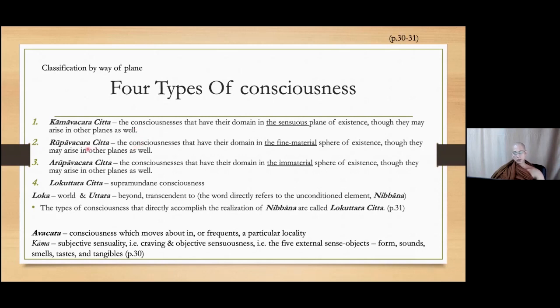Then the second type has the same definition, just changing the 5 material sphere as their domain, their place to move about or frequently arise, because of Avachara. So the first type, Kama Vachara, is the combination of Kama and Avachara. Kama can be divided into 2.